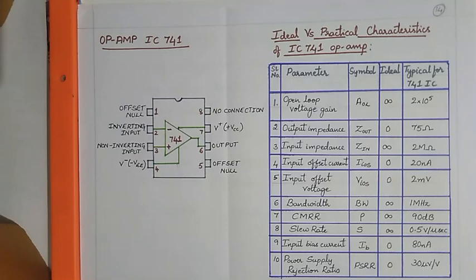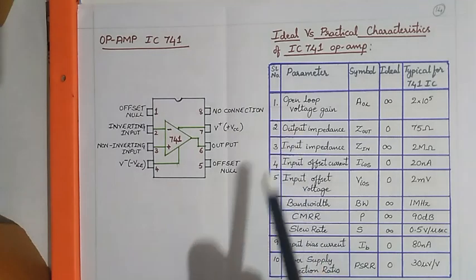Next we'll look into the ideal and the practical characteristics of the Op-amp IC 741. This table lists out some of the parameters of the op-amp, their values for the 741 IC, which are the practical values, and also the ideal values of the op-amp.